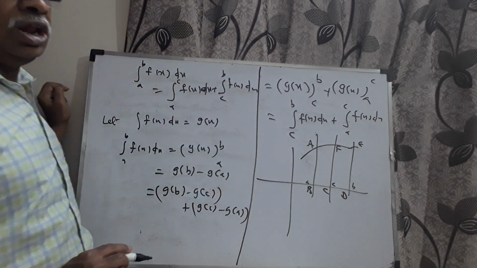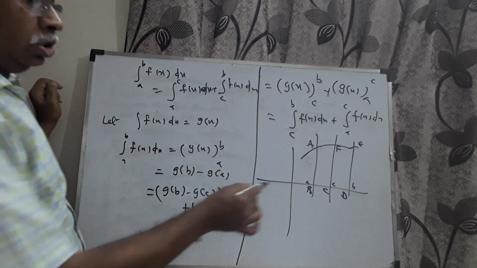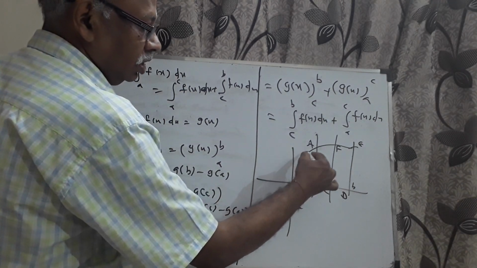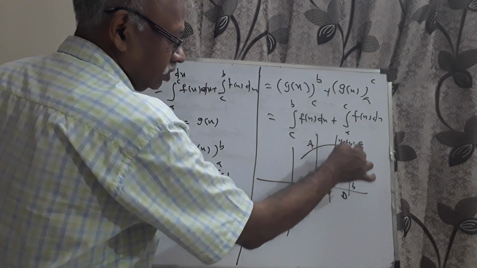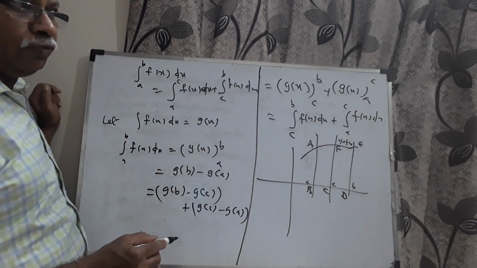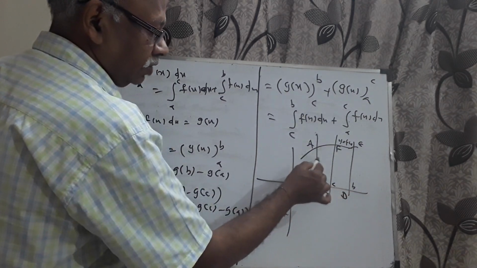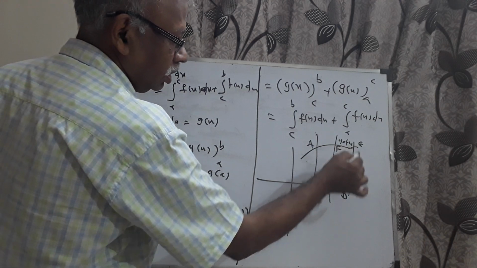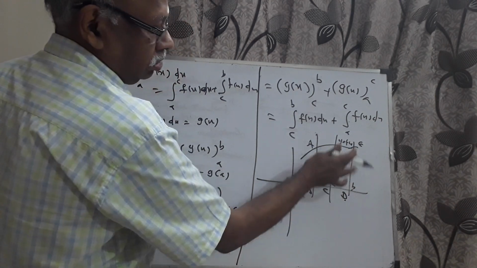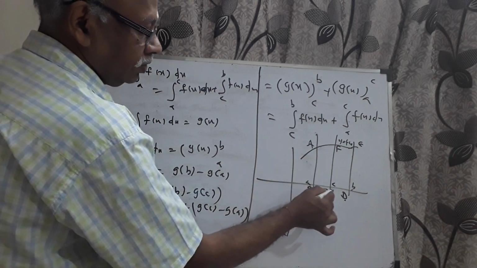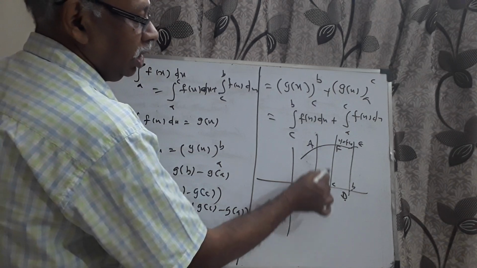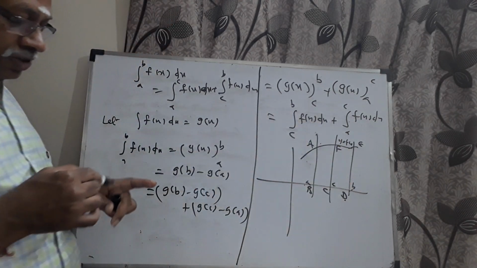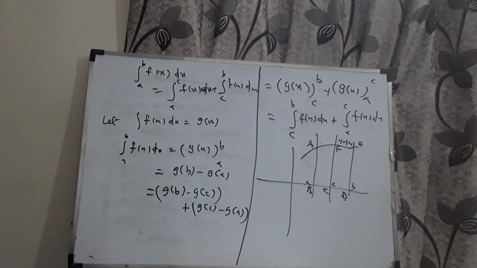The geometrical meaning of the definite integral tells you integral a to b f of x dx is the area bounded by the line x equal to a, the curve y equal to f of x, the line x equal to b, and the x axis. That's the real meaning of it. Now for integral a to b f of x dx, the area here will be ABDE. This whole area can be written as ABCF plus area FCDE, which is nothing but integral a to c f of x dx plus integral c to b f of x dx. That's the explanation when c is in between a and b.